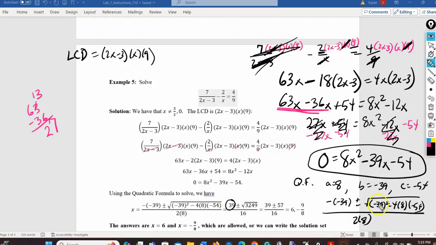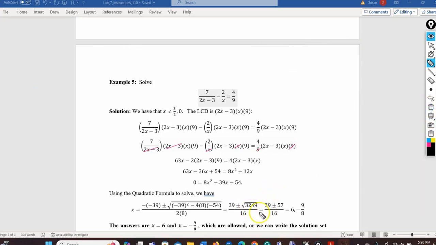And remember, put your negative 39 in parentheses, because when you square that, that's going to be a positive number. Also here, see, there's two negative signs, so that product's going to be a positive number. So you should be getting your discriminant to be positive 3,249 in there, which happens to turn out nice.